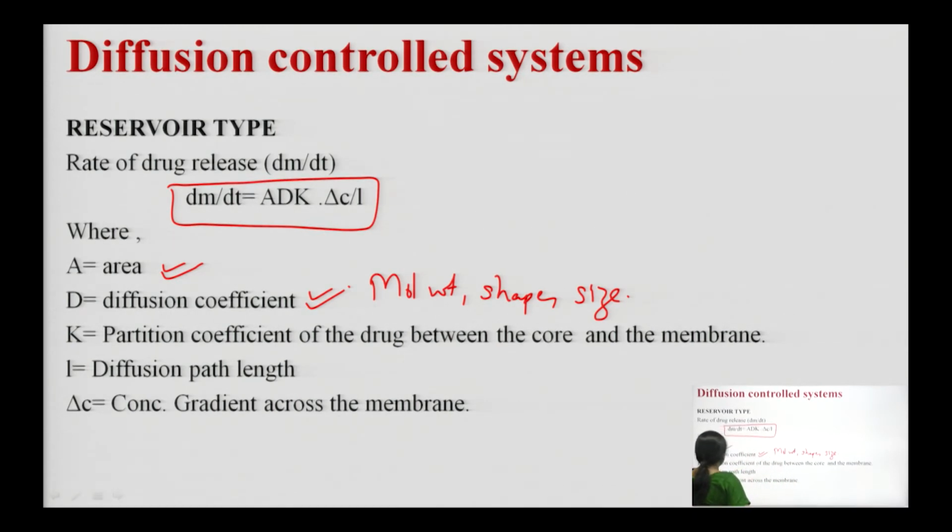Then next is the parameter L, which is the path length for diffusion. Basically, longer the path length, slower will be the rate of diffusion. Delta C represents the concentration gradient across the membrane available for diffusion of the drug.